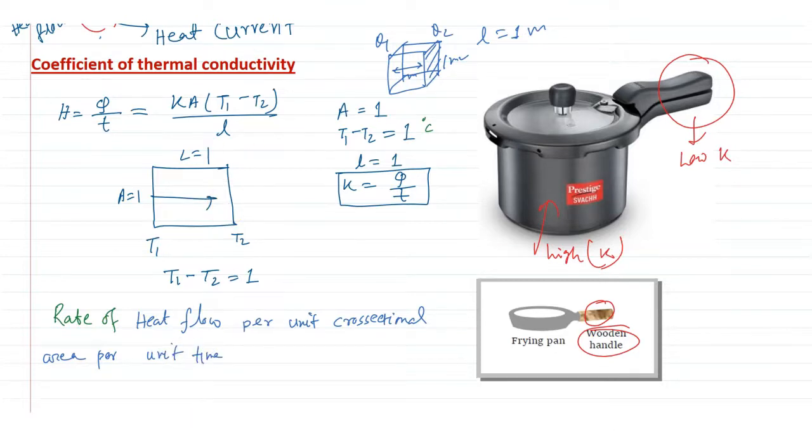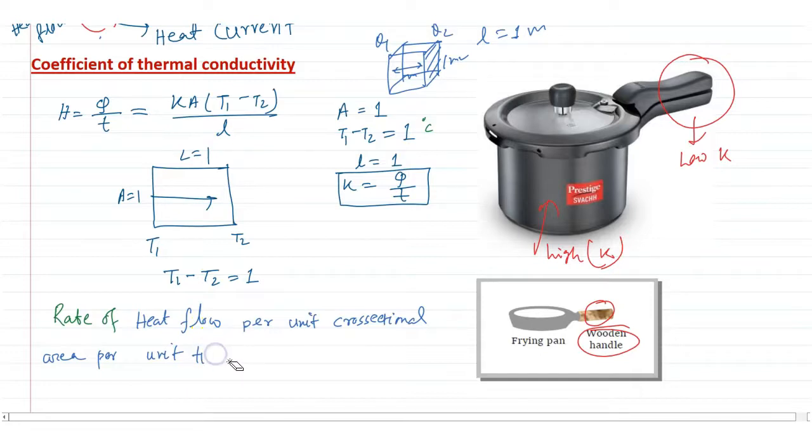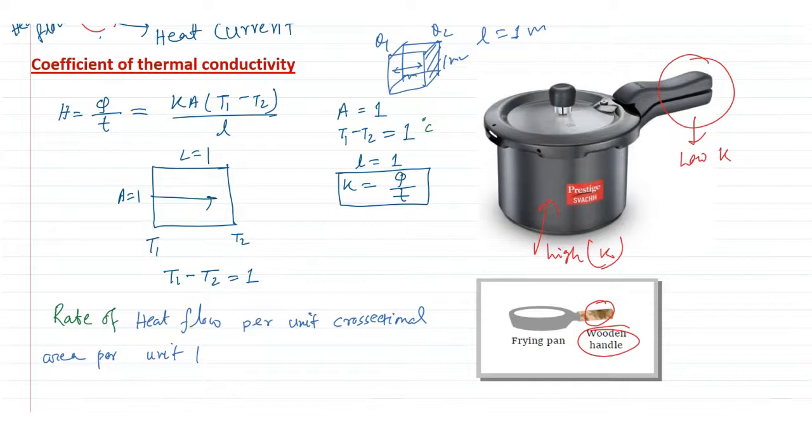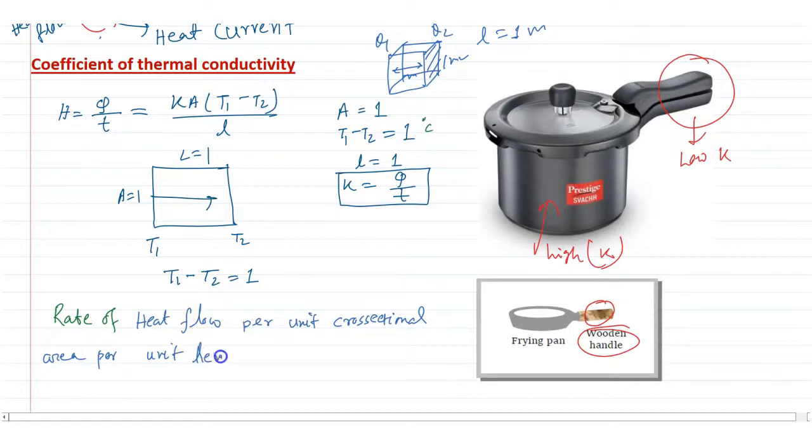Oh sorry, rate of heat flow I have told per unit length. Okay, this is called the coefficient of thermal conductivity. So if K is high, then the rate of heat flow will be high, and if K is low, the rate of heat flow will be low.